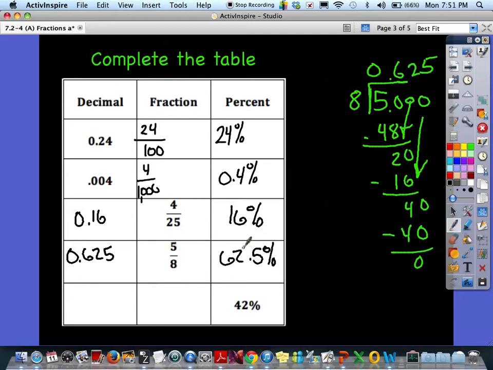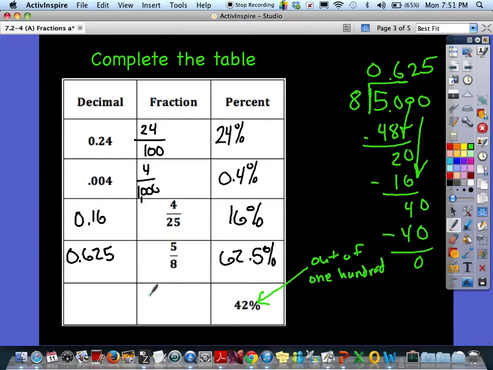Oh boy. Now at the end here, it's asking me to go from a percent to a fraction and then to a decimal. That seems hard, but it's actually super duper easy. Because remember, this means 42% or 42 out of 100. Remember, that's what the percent symbol means.